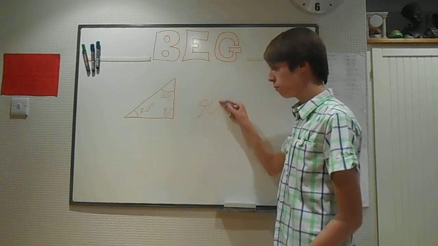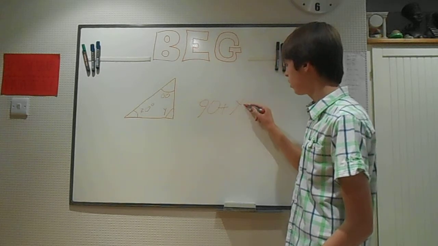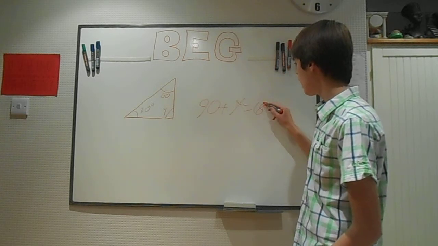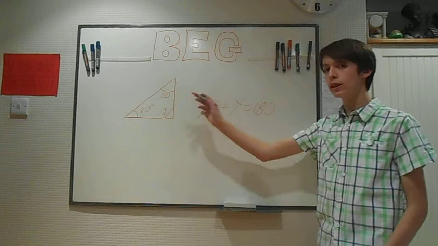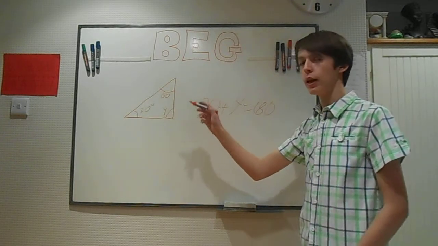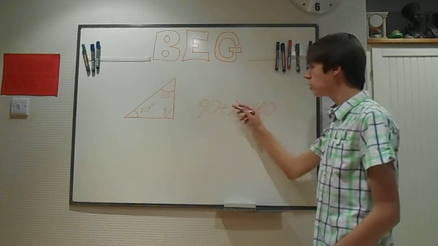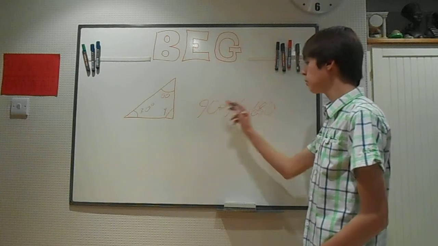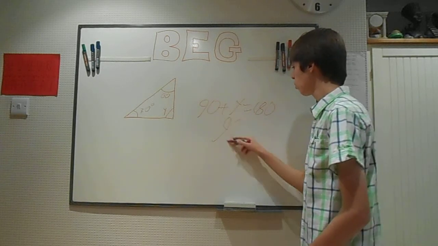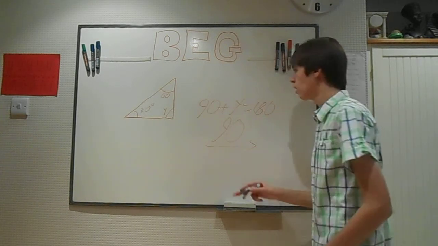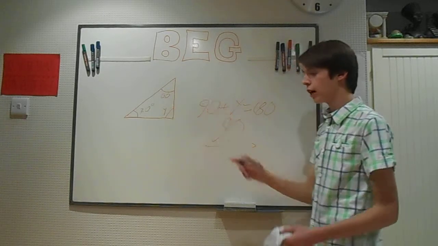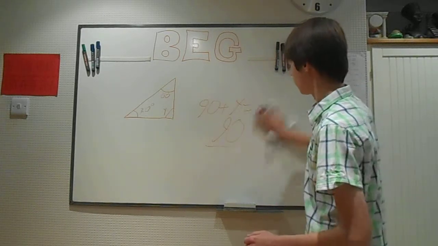So 90 plus y equals 180, because the sum of all three of them must be 180. That means that y is in fact 180 minus 90, which is 90. And so that means that this is in fact a right angled triangle.